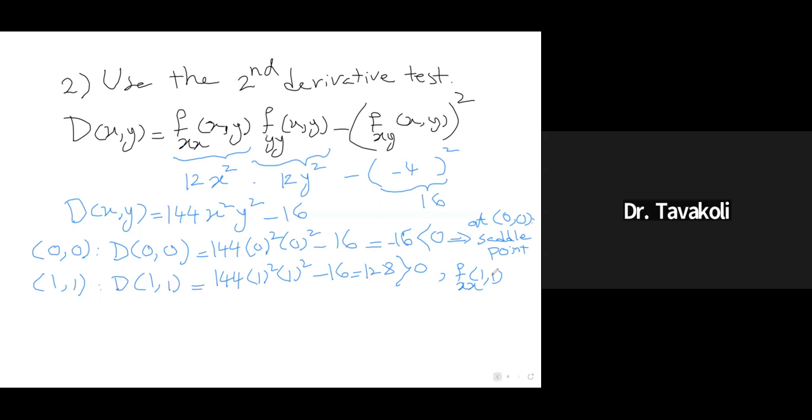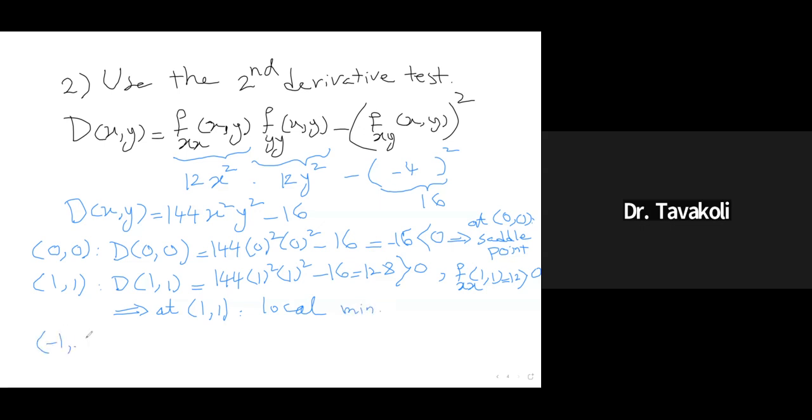The second derivative with respect to x was 12x squared, which at 1, 1 becomes 12. It's still positive. So both are positive: D is positive, and the second derivative purely with respect to x is positive. According to the second derivative test, at 1, 1 we have a local minimum.